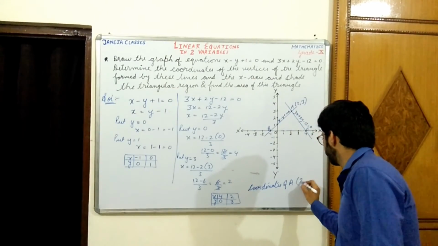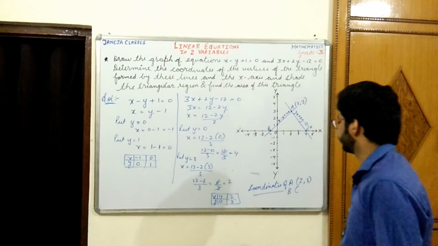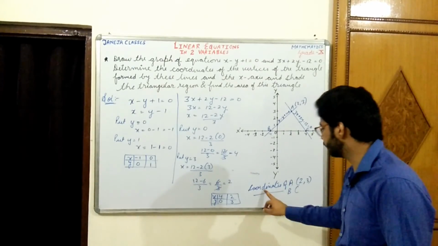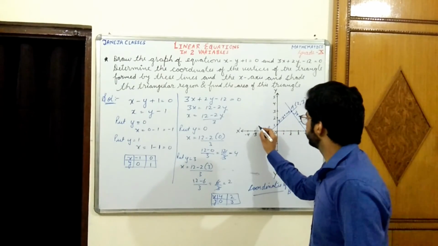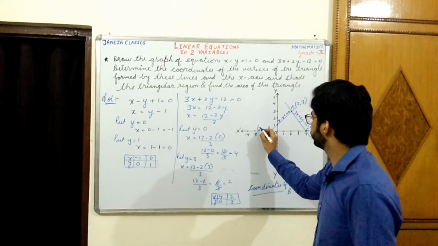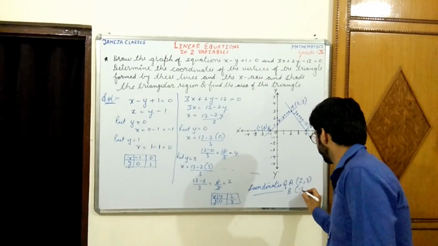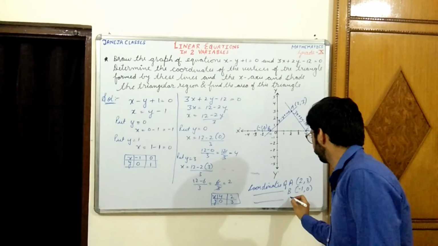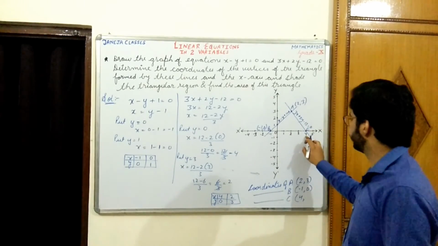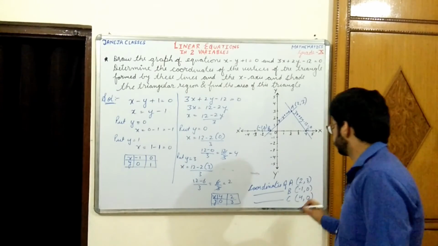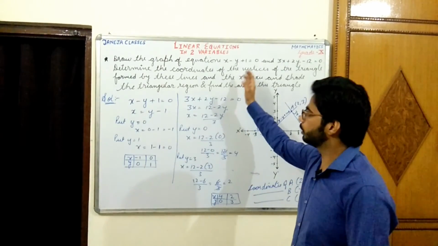So coordinates of A are 2 and 3, and coordinates of B are minus 1 and 0, and the coordinates of point C are 4 and 0. So these are the coordinates of the vertices of the triangle that they were talking about.